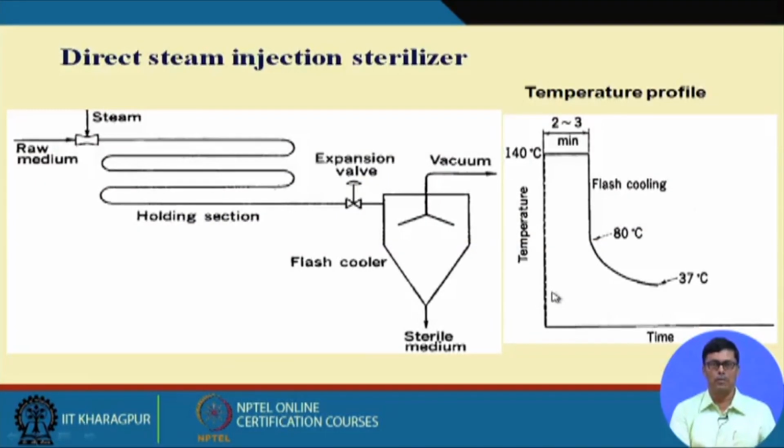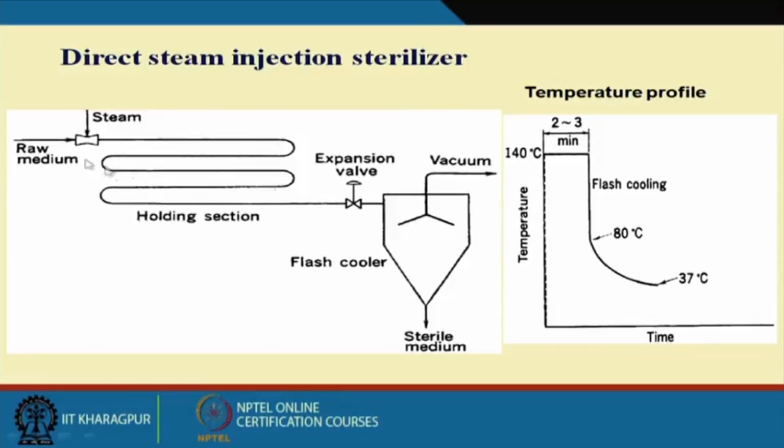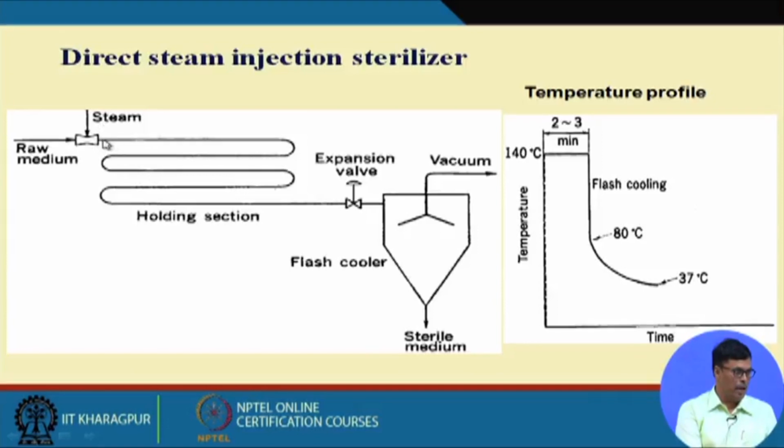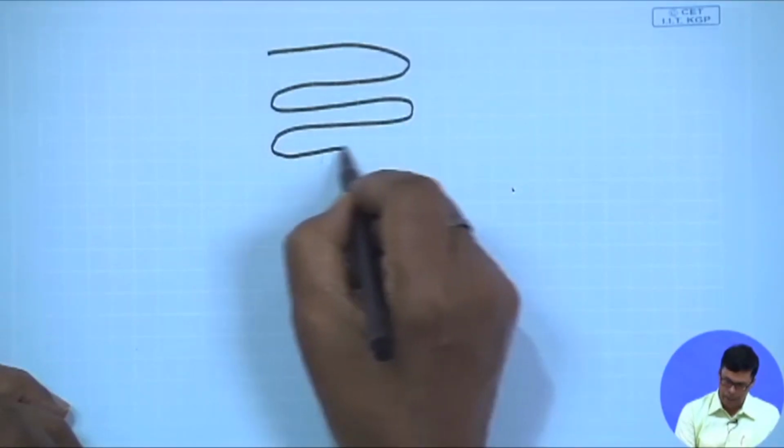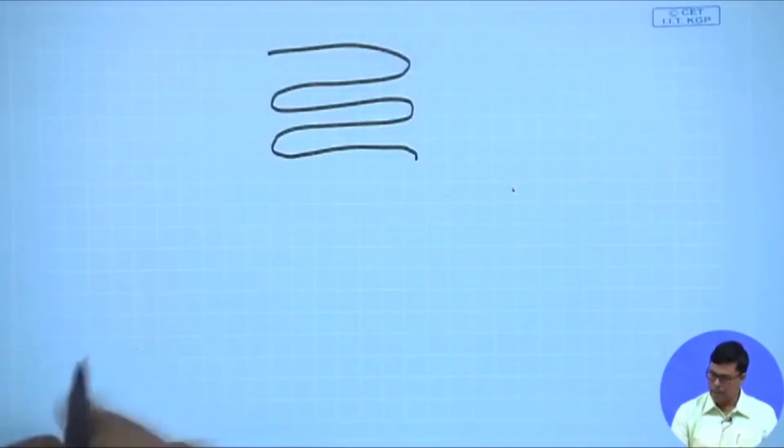Direct steam injection means you are mixing the steam with the media. You can see here that raw media is coming one way and steam is coming the other way, and this is what we call the holding section. This is the pipeline, and it is insulated.